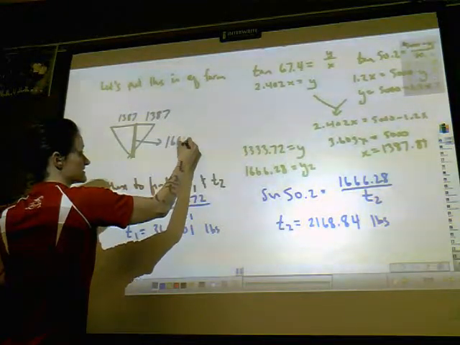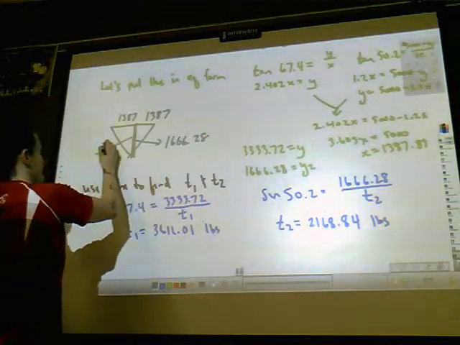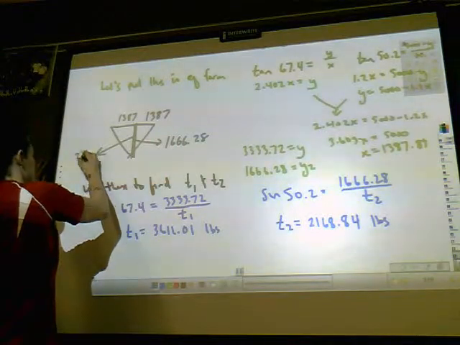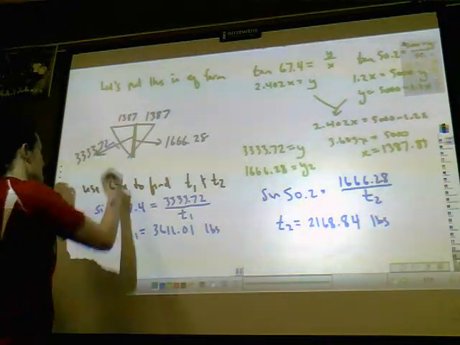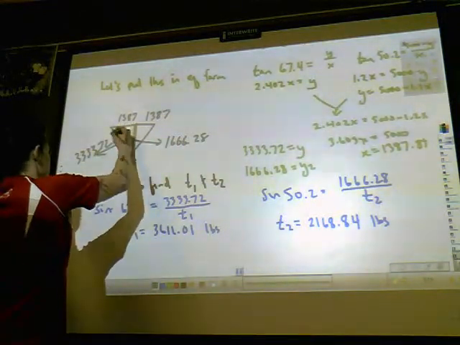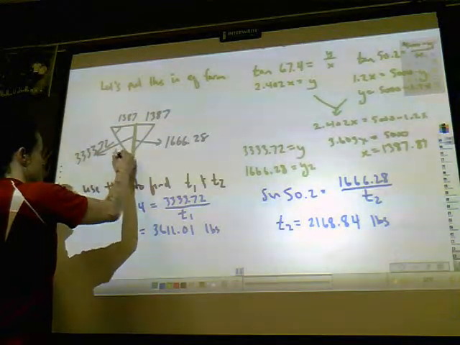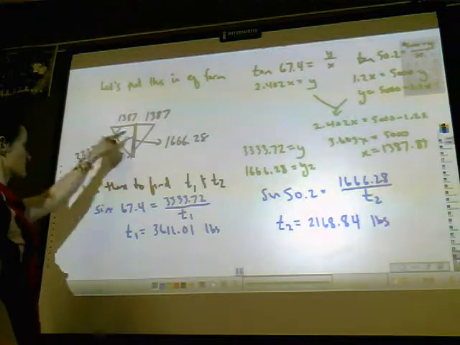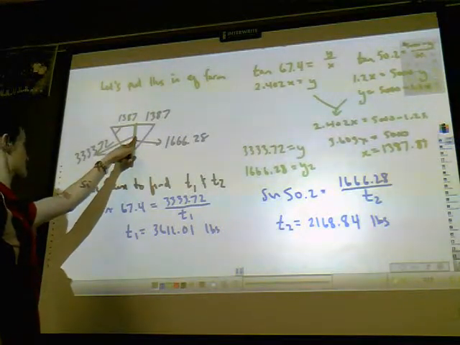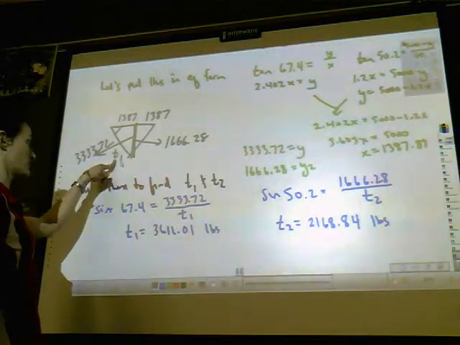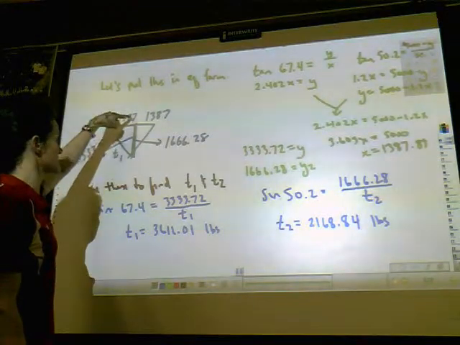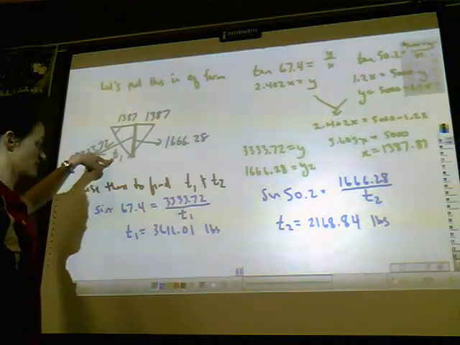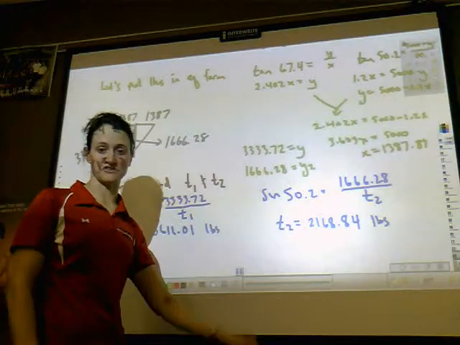This is 1,666, and the one on this side is the 3,333.72. Now I'm just going to use, well, if I want this vector for T1, I'm going to use sine or cosine. Sine would be this 3,333.72 over T1. We also could use cosine of 1387 over T1, and then just solve those trig equations.